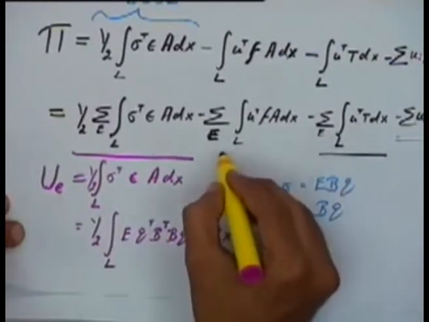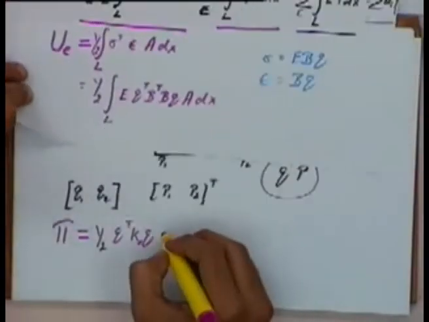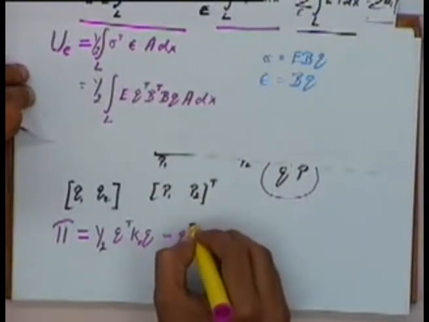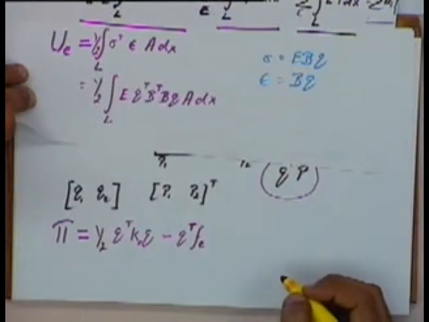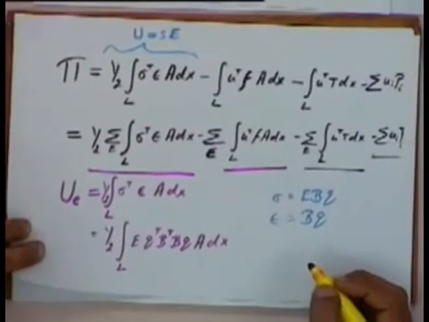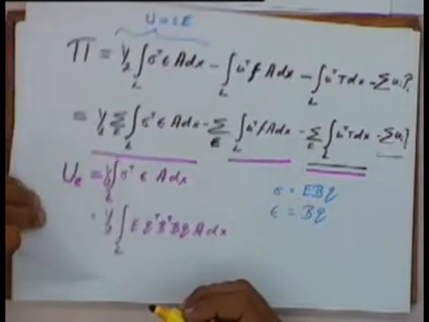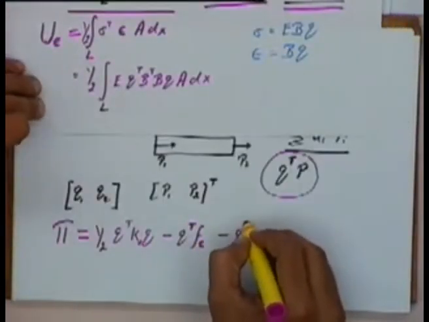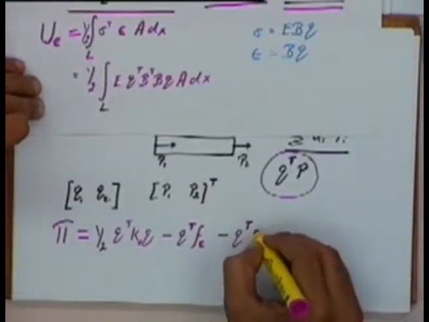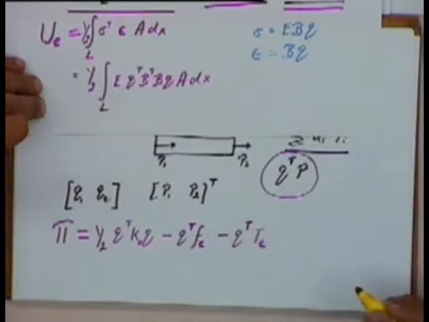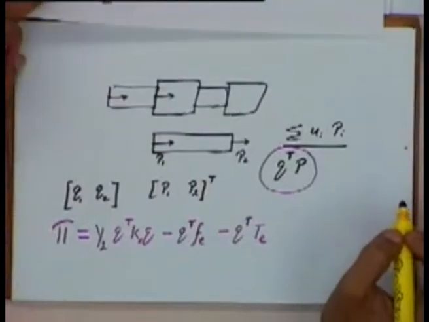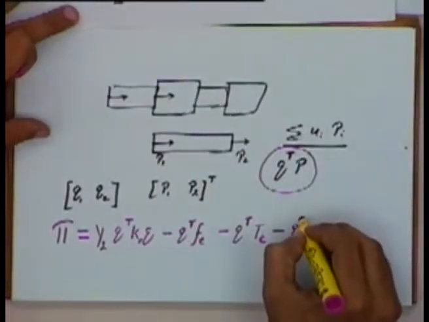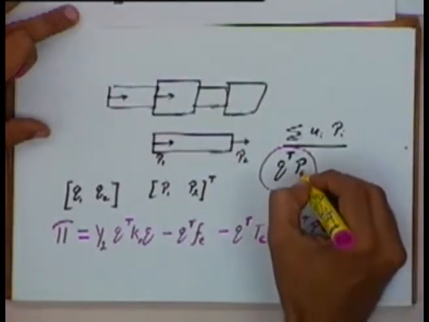The second term, that is this term, is minus Q transpose into FE. This term is minus Q transpose into TE, and this term is minus Q transpose into P, let's say PE.